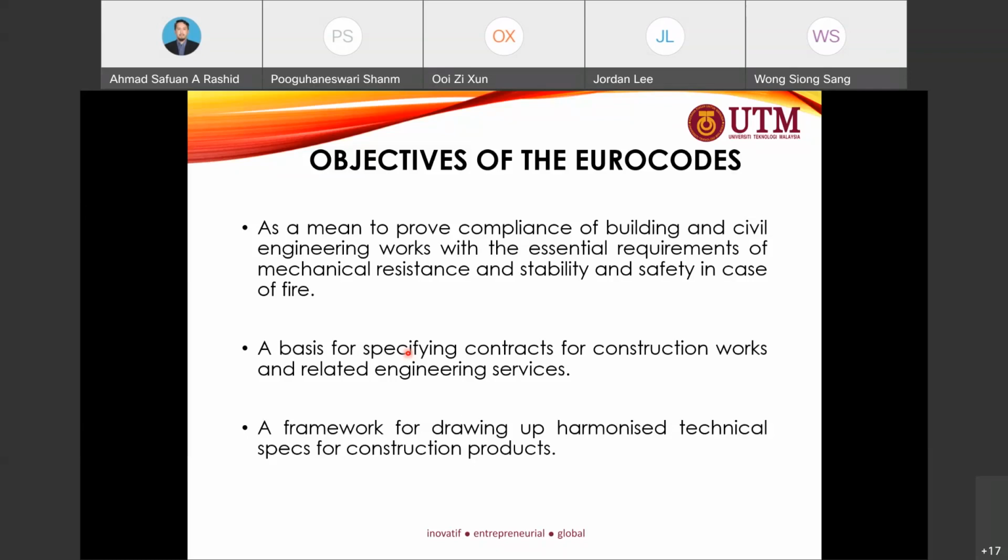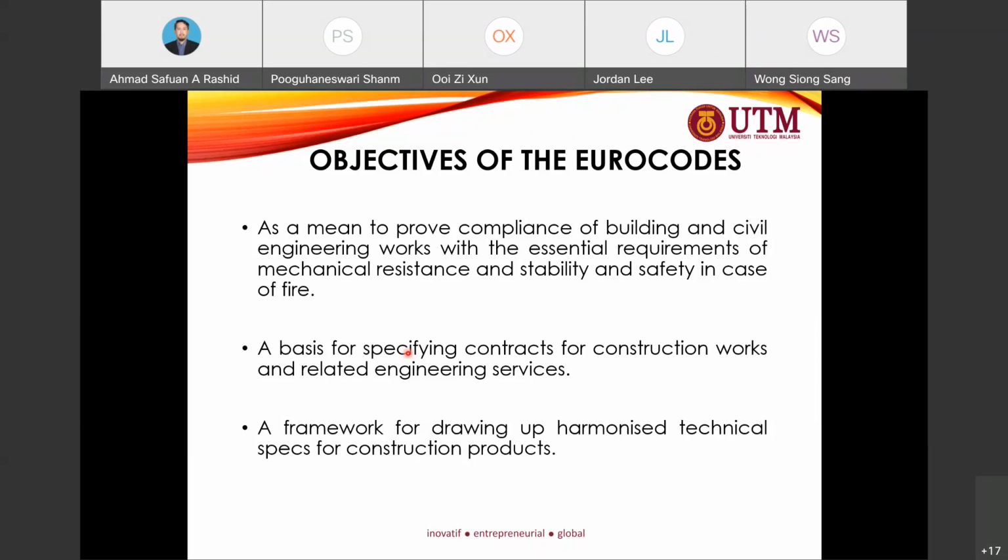But by using EC7, when we do the calculation, at the end we identify the factor of safety by having a ratio between the action load and the design load.